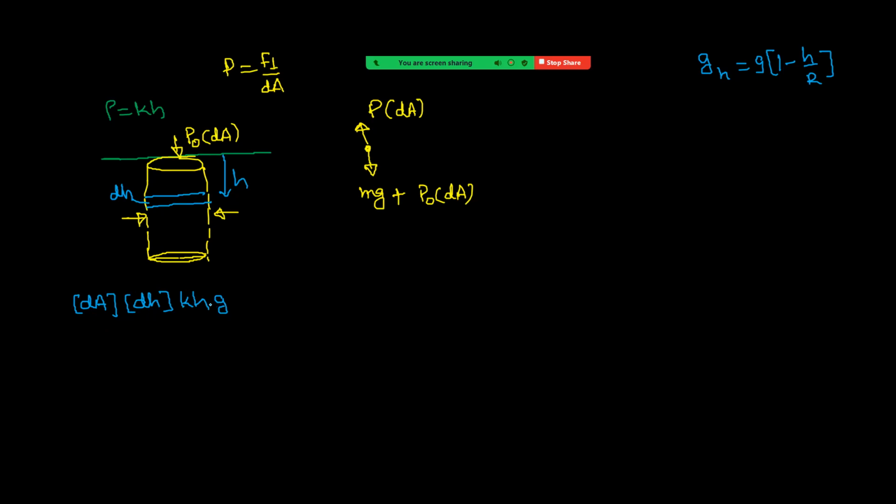Like this, we take all layers from h equal to 0 up to h. This gives us the weight of the cylinder. You can take the constants dA, k and g outside. The integral of h dh is h squared by 2. Now taking limits, this is the weight of the liquid present in the cylinder.